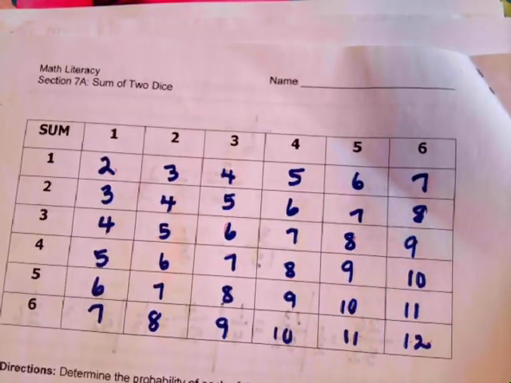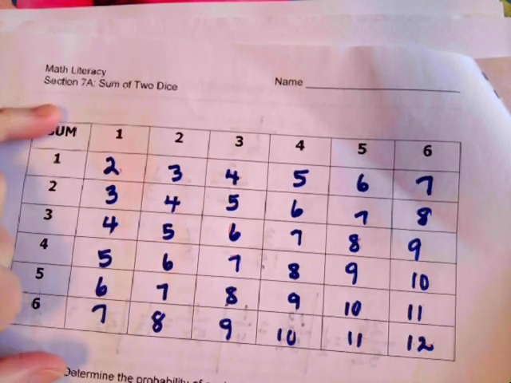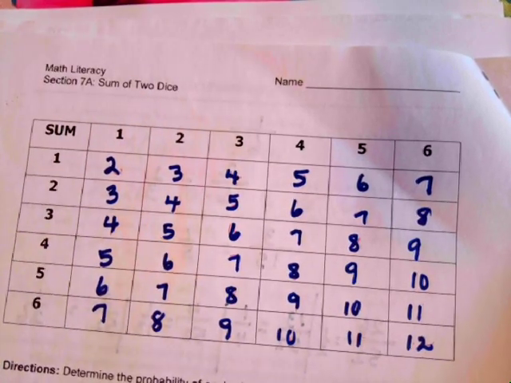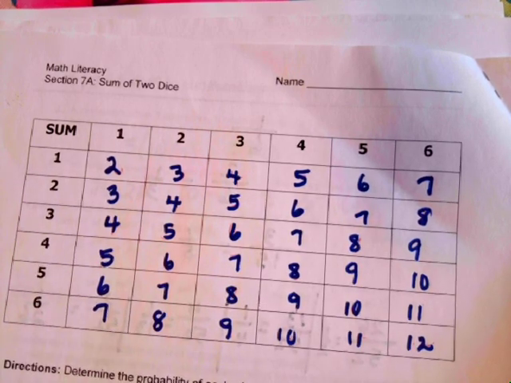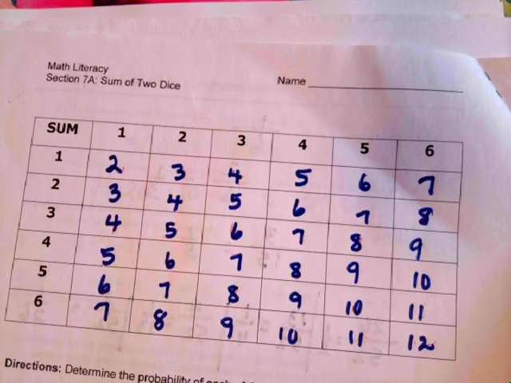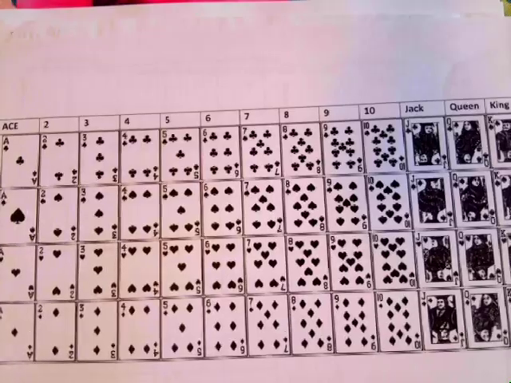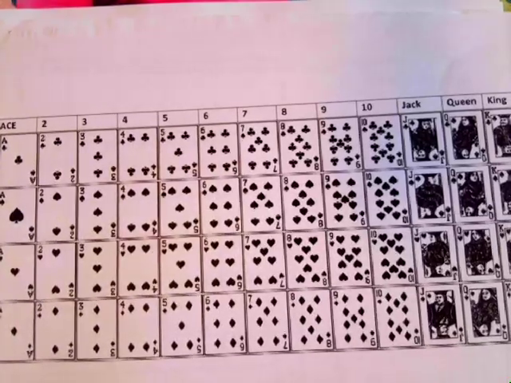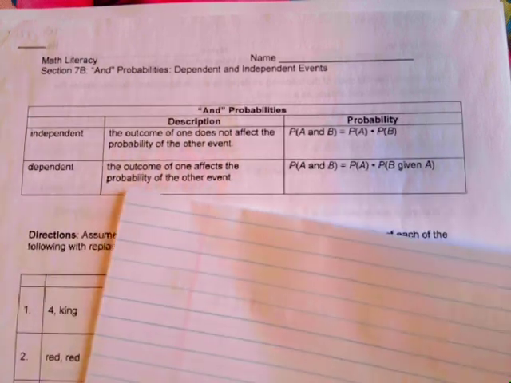We will also be referring to this sum of 2 dice that is on the handout from 7A. We will be counting up how many of these there are all together and referring to this. So be sure you have those things handy. If you don't, then just hunt them up, print this stuff out, and get started when you have it all together so you know what you're doing.